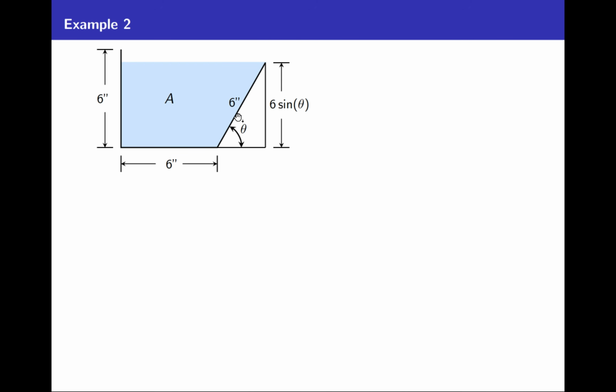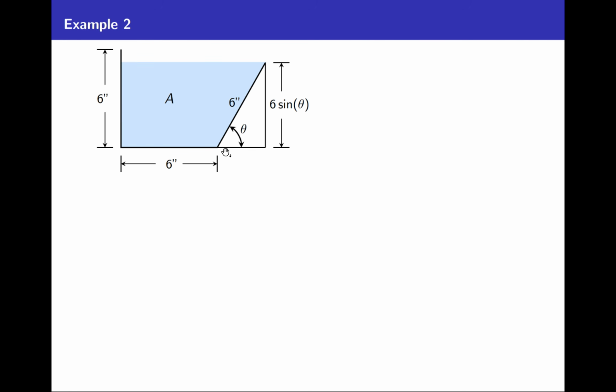If you look at this triangle that's right here, the hypotenuse is 6, the angle is theta. By trigonometry, the height would be 6 sine theta, the height being the opposite side from this angle theta, where the hypotenuse is 6. By trigonometry, this height would be 6 sine of theta.